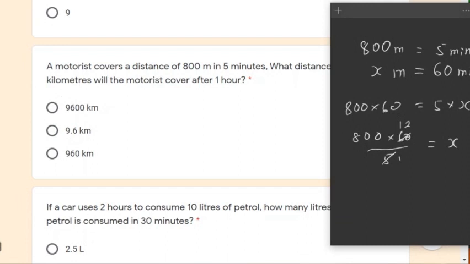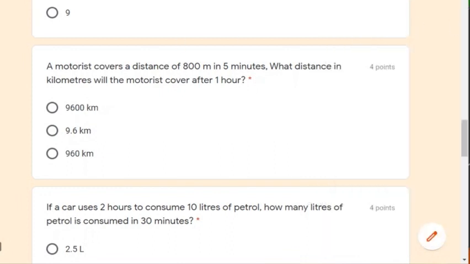So my answer will be 12 times 800, and that will give me 9,600 meters. But the answer should be in kilometers. In changing from meters to kilometers, we divide by 1,000, and when you divide by 1,000, the decimal point will move to the left 3 times. So it will be 1, 2, 3. The decimal point will be here, so I'll get 9.6 kilometers. So the correct answer is 9.6 kilometers.